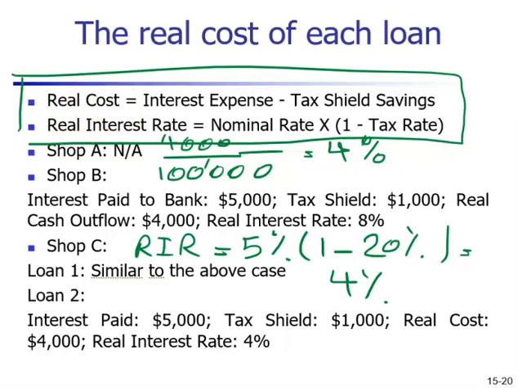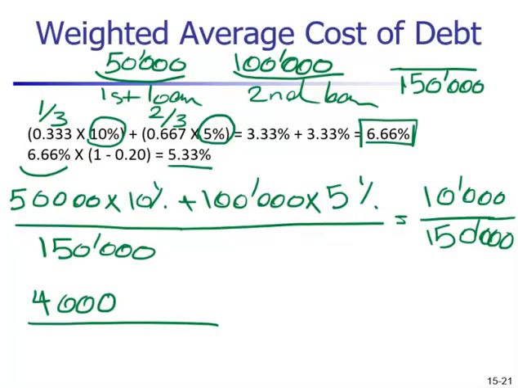Real cost, you remember? We did the calculations in this part. So you are going to use that. The real cost for the first loan was calculated 4,000. And the real cost for the second loan was calculated 4,000 again.